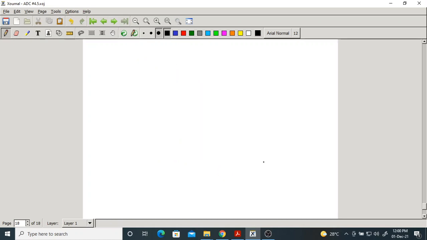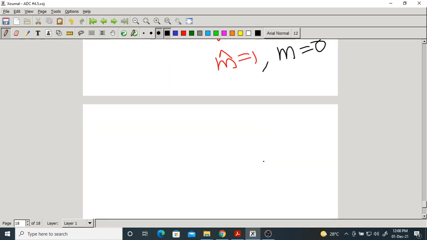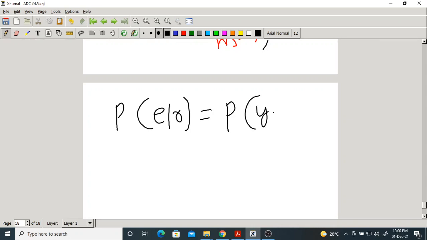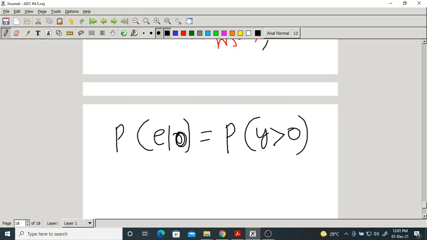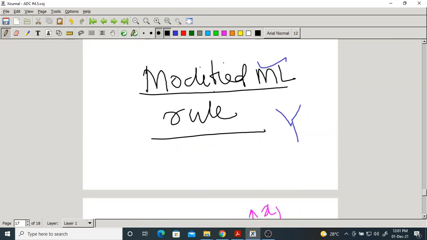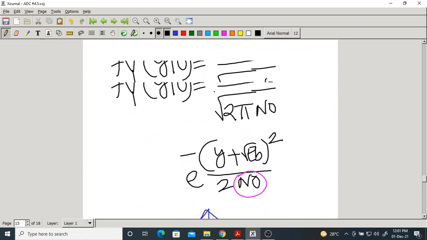Now this is a conditional error, right? So what is the probability of error when 0 is transmitted? That is nothing but the probability that y is positive when 0 is transmitted. So when 0 is transmitted, what is y?